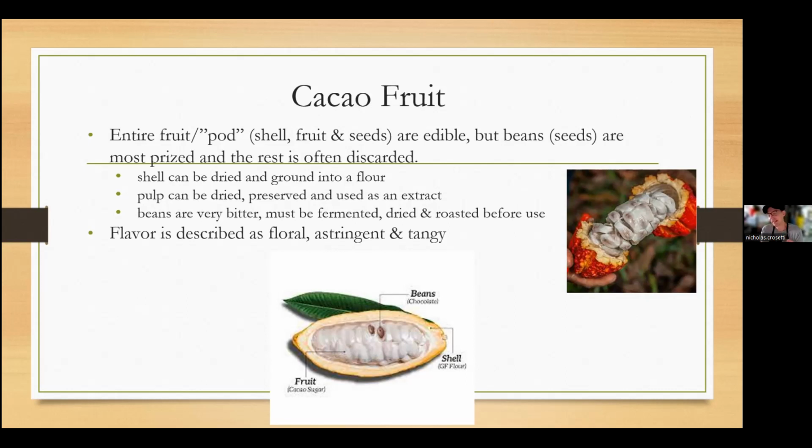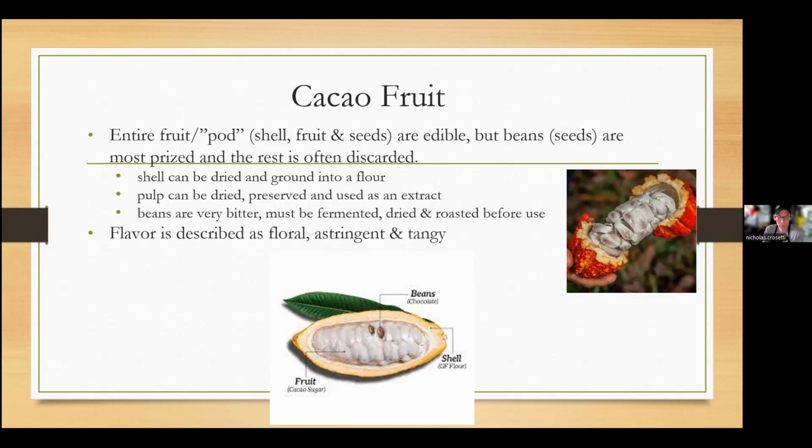I don't know if you ever think of a coffee bean as kind of similar in the same way, that there's sort of a fruit and then a pit inside with something around it that holds it all together. The interesting thing is the entire fruit is edible. The shell can be dried and ground into a flour, a gluten-free flour.